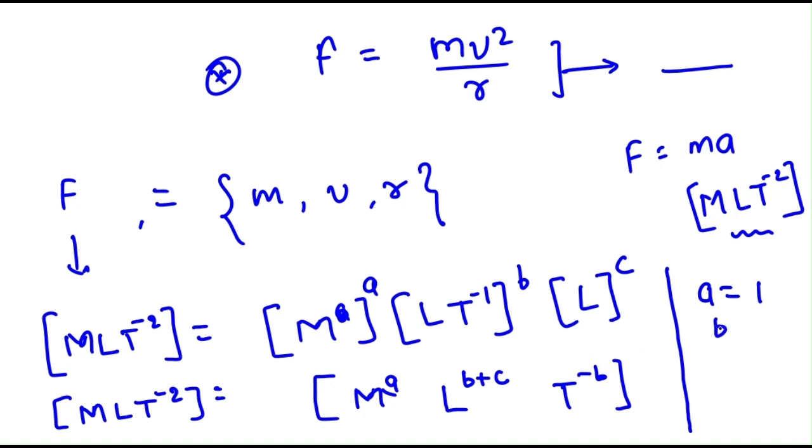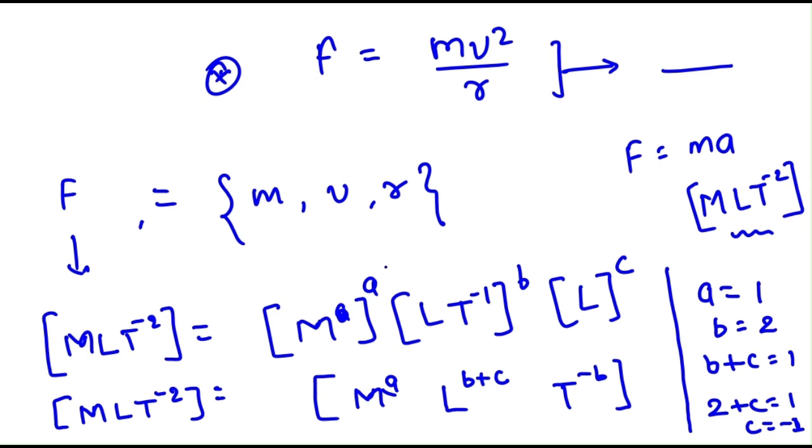Comparing these two, minus 2 should be equal to minus b, or you can say b equals 2. Now coming to this part, b plus c should be equal to 1. How will it be possible? If b is 2, plus c should be 1, so c should be minus 1.